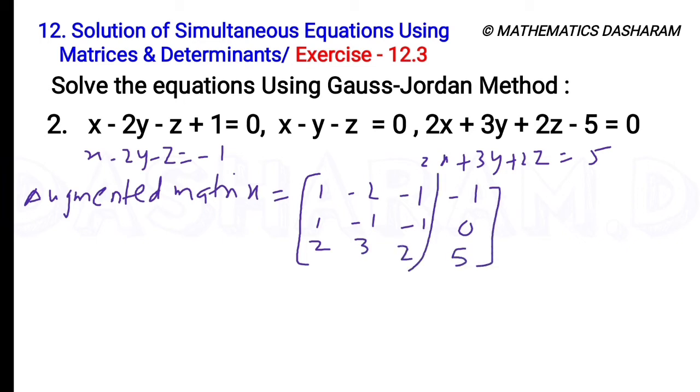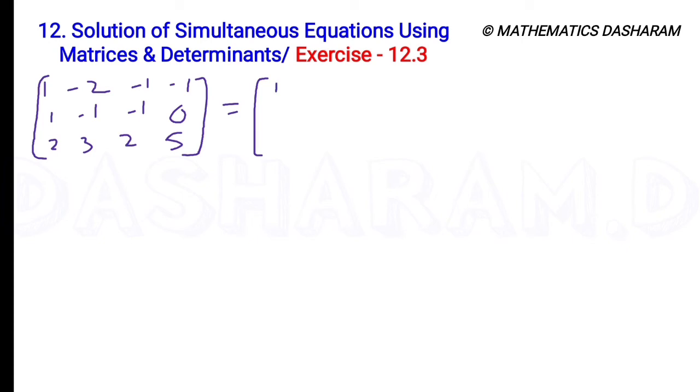So in this place we need an identity matrix of order 3 to get the answer. So see here, the first element is 1, okay, no problem. Next here we need 0. So to get the 0 at that place: 1, minus 2, minus 1, minus 1. Next the third row, 2 3 2 5.